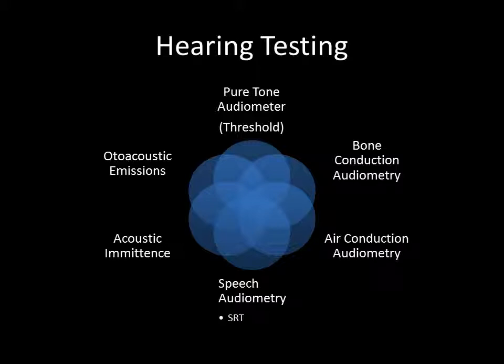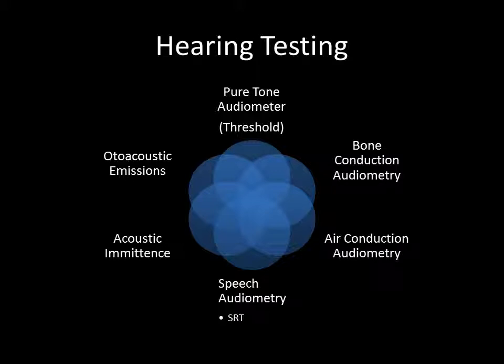As you might imagine, the presence of fluid in the middle ear or a perforated tympanic membrane is going to restrict the middle ear's ability to transmit sound. So this is a way to test the transmission of this energy in the middle ear. So we can see if the tympanic membrane is functioning as it's supposed to.